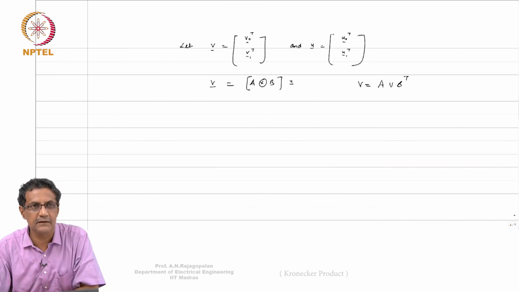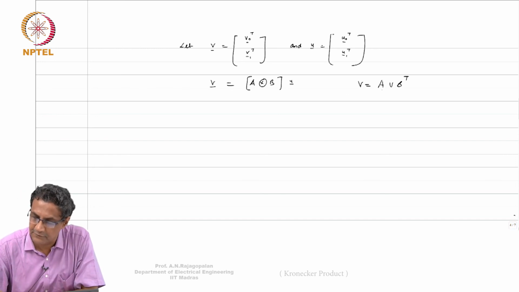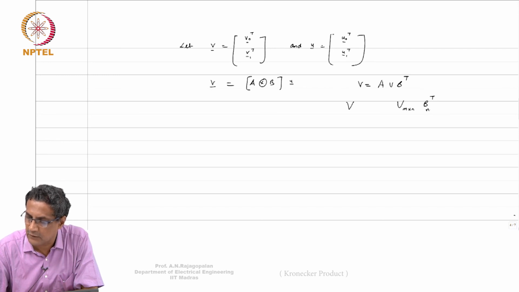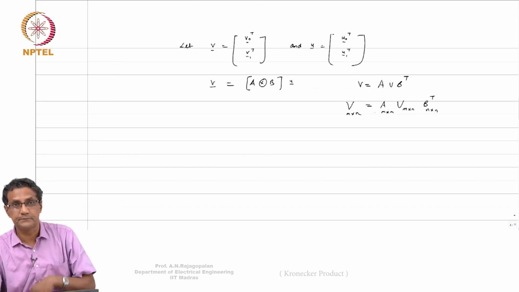And as I said, I am not assuming anything about unitariness or anything. This is in general true. So for example, if U is M cross N, then B will be N cross N, A will be M cross M, and V will be M cross N in general.